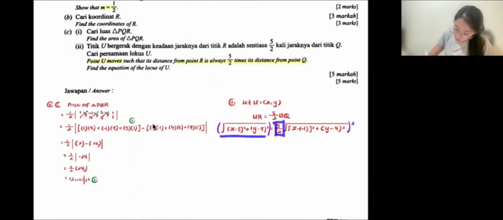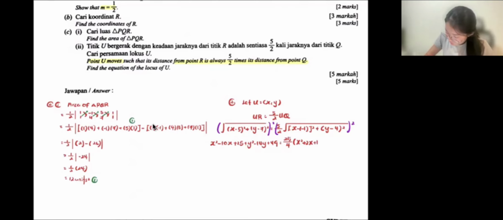So let us open this up first, expand. This will be x squared minus 10x plus 25, y squared minus 14y plus 49. Square, this one becomes 25 over 4. 2 squared is 4. This is x plus 1 now, guys. (x plus 1) squared is x squared plus 2x plus 1, plus y squared minus 8y plus 16.